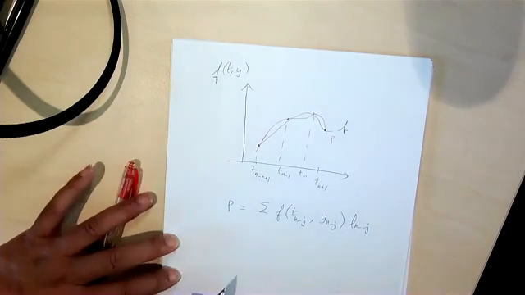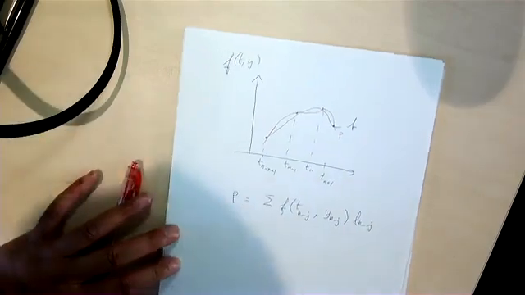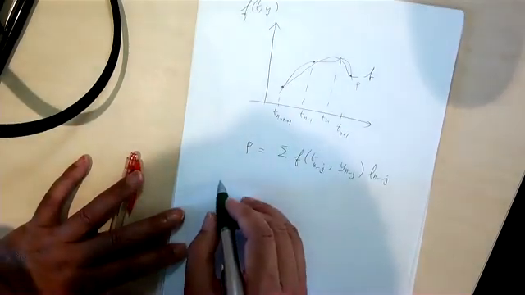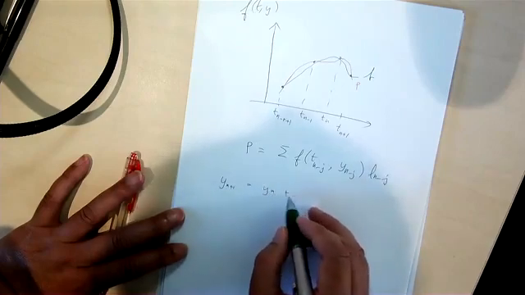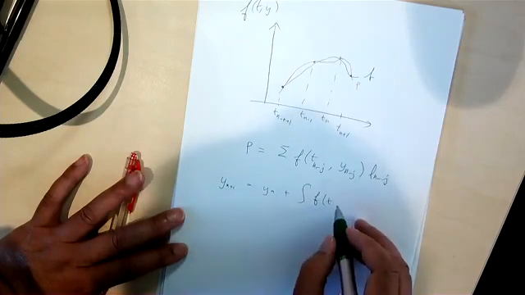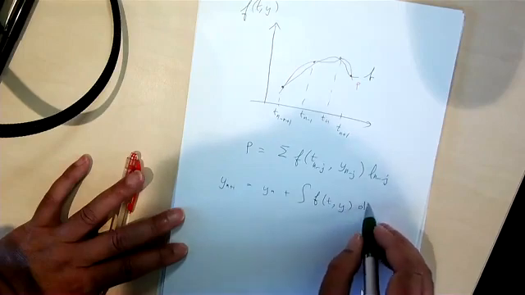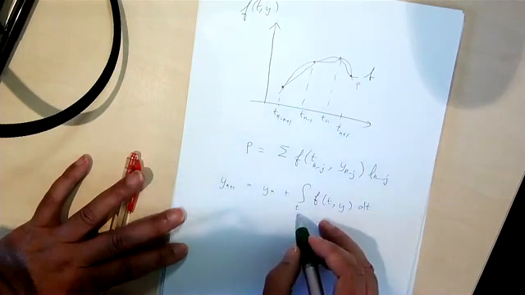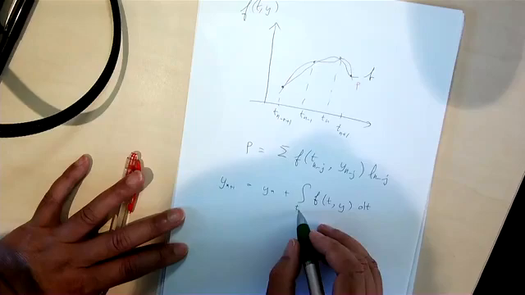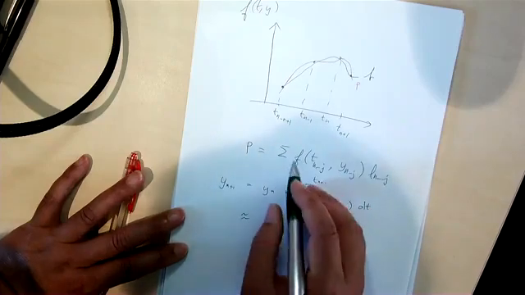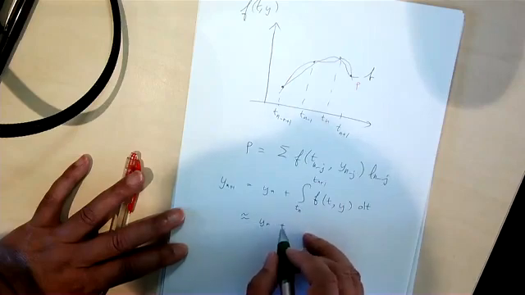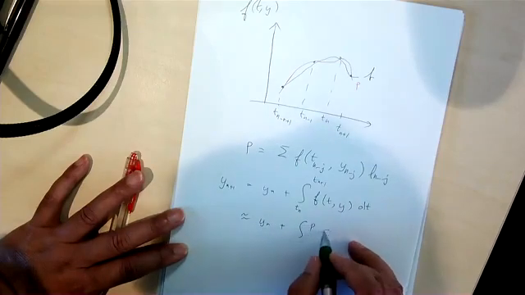So this is your p, okay? And you replace yn plus 1, which is yn plus the integral of f t y dt from Tn to Tn plus 1, by this polynomial, right? So yn plus the integral of p dt.